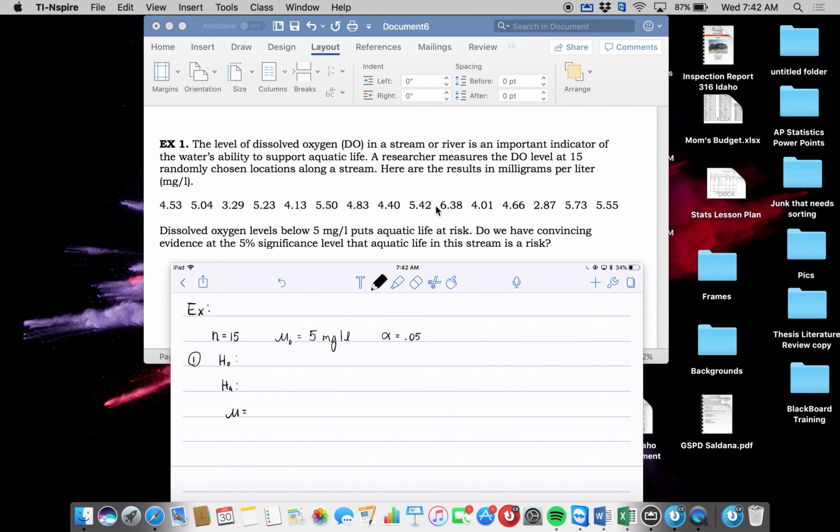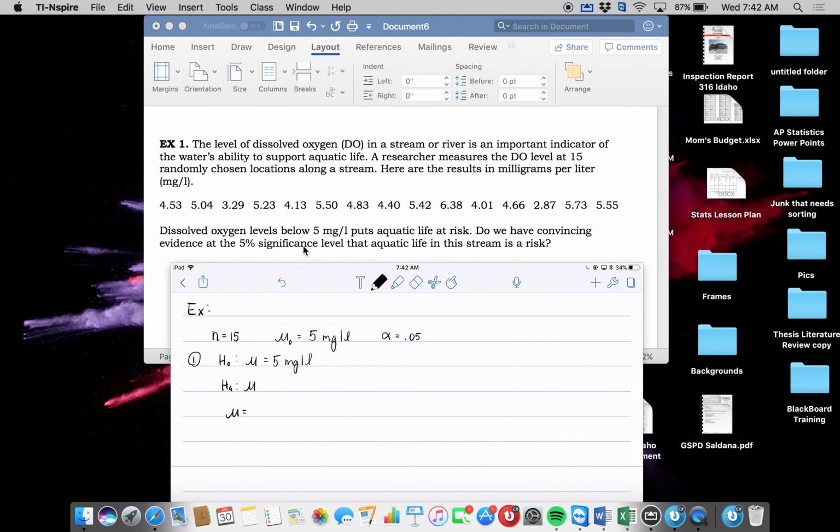In this case, your null hypothesis is mu equals the value stated, the 5 milligrams. And for your alternative hypothesis, notice it says dissolved oxygen levels below 5 milligrams puts aquatic life at risk. We're trying to see if there's convincing evidence that aquatic life in the stream is at risk.